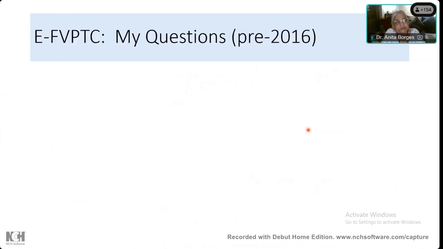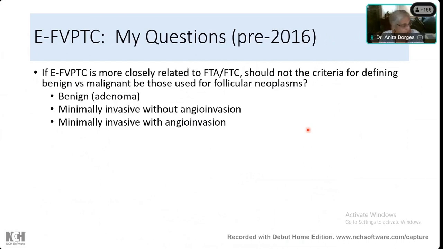Okay? Now, by the time it was 2015, I had certain questions about this whole thing of encapsulated follicular variant of papillary thyroid carcinoma. And what were my questions? My questions were this: if an encapsulated follicular variant of papillary thyroid carcinoma, which now we are calling NIFTP, is more closely related to follicular adenoma or minimally invasive follicular thyroid carcinoma, should not the criteria for defining benign versus malignant be the same as used for follicular neoplasms, right?